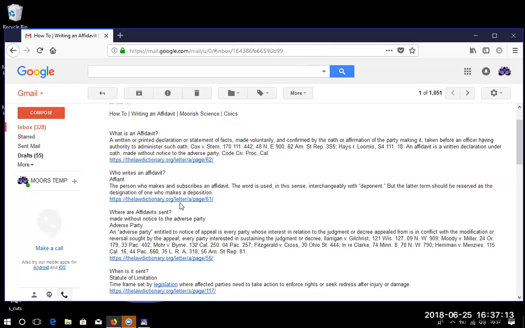Every party interested in sustaining the judgment or decree, as well as your opponent, your opposition, the opposing side, or just the creditor, the debtor, depending on what position you're in. All these terms are relative.